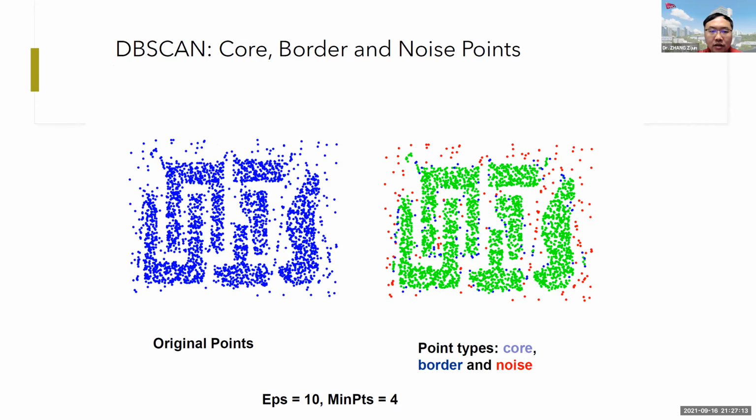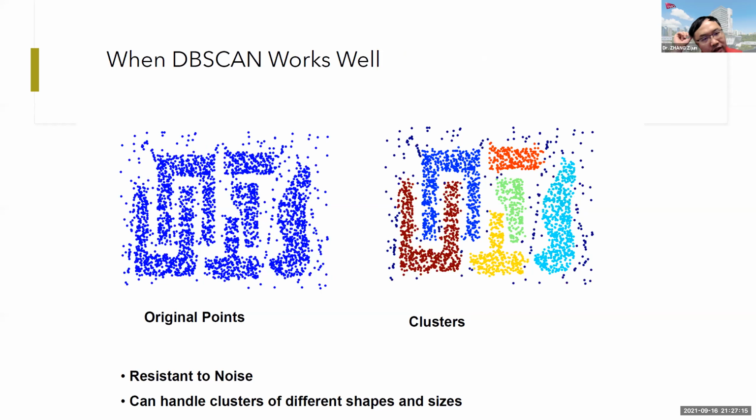And then we talk about the DBSCAN. When does it work well? DBSCAN particularly works well when the clusters have different shapes and sizes. For example, this type of data, this distribution is like this, but originally, based on our visual inspection, we will see that it already has some shapes.